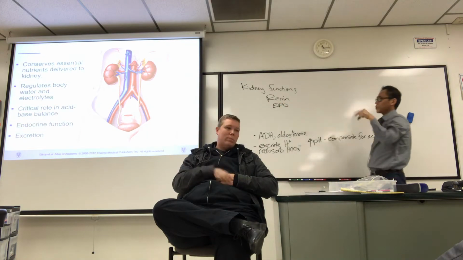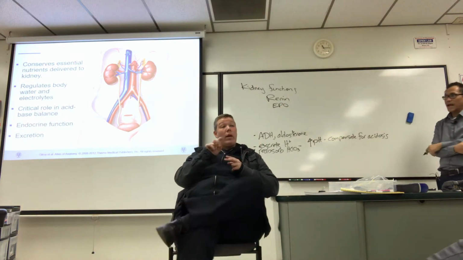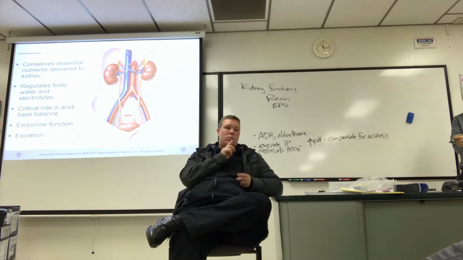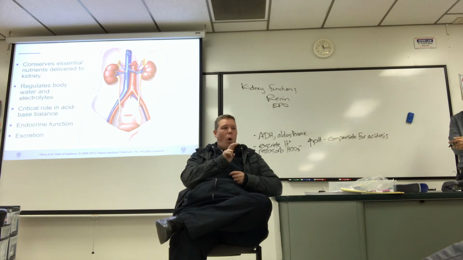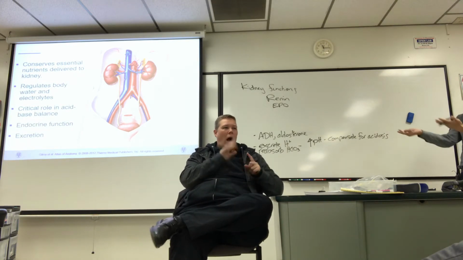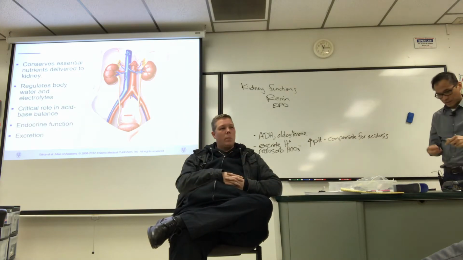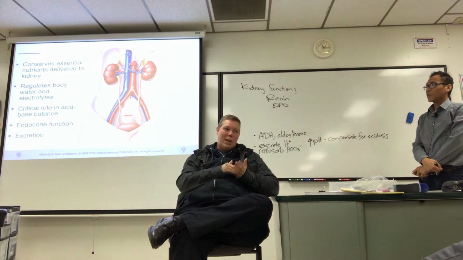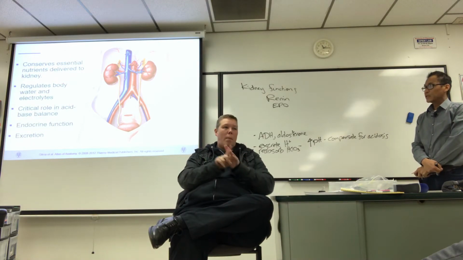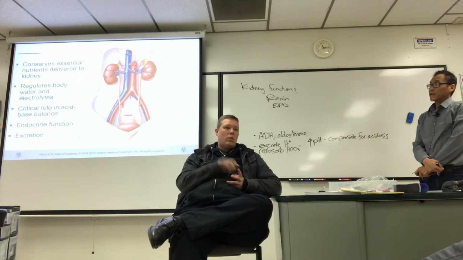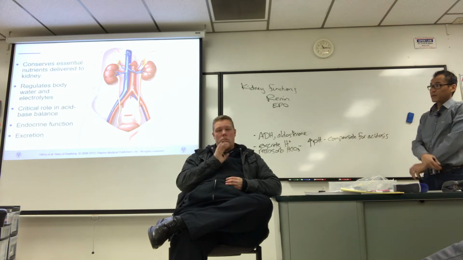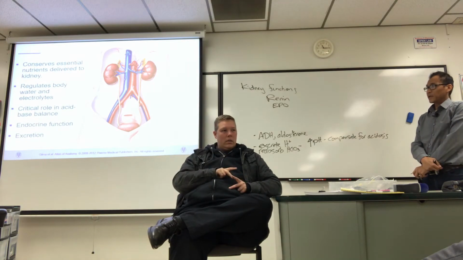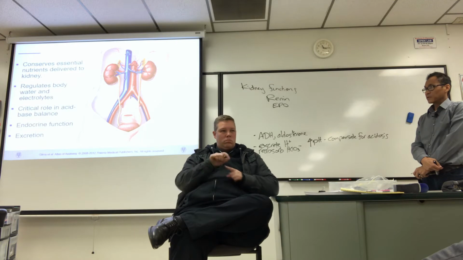EPO will increase your crit. Renin is part of that renin, angiotensinogen, aldosterone system. I'll talk about those again, okay, because they're here again. So some things get repeated in ANP, and well, renin is definitely one of those things that comes up a few times. So that's why the kidneys participate in endocrine function.